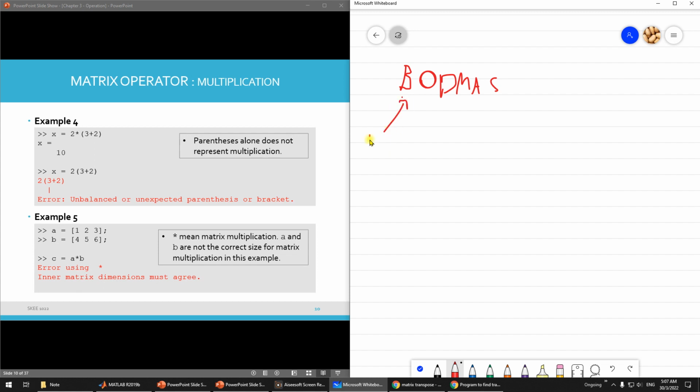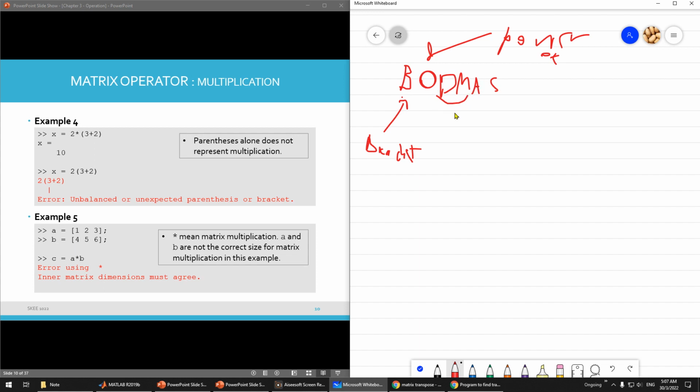You have to do anything in brackets first when it comes to operations like this, and then power of, and then you have to do division or multiplication.